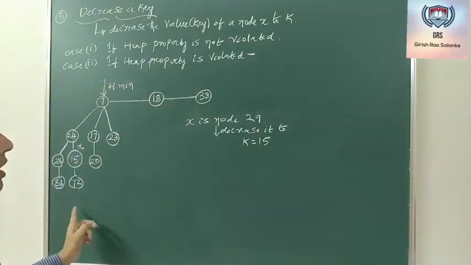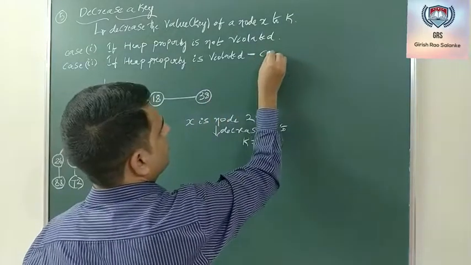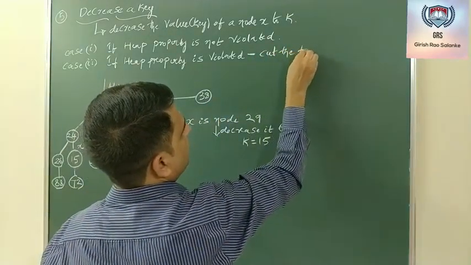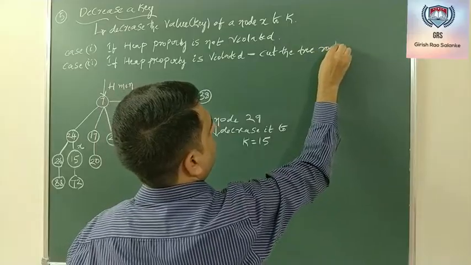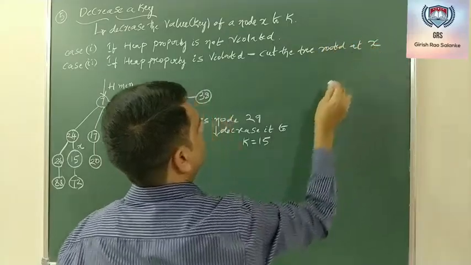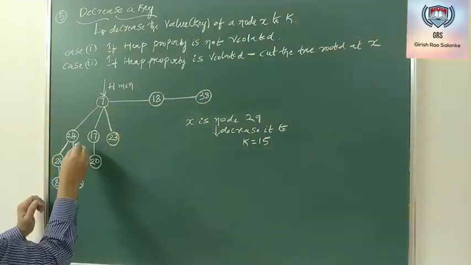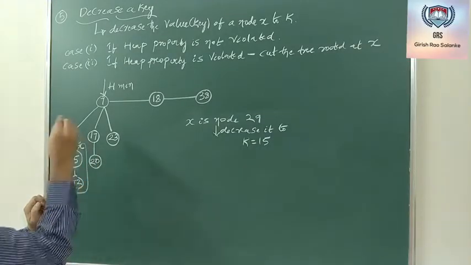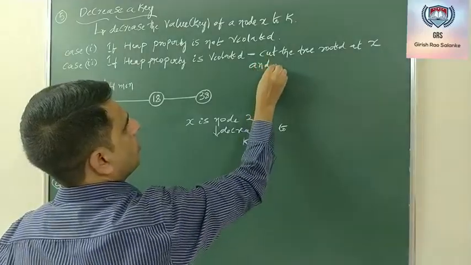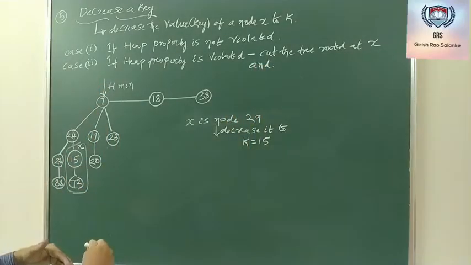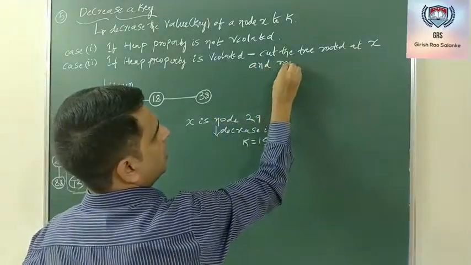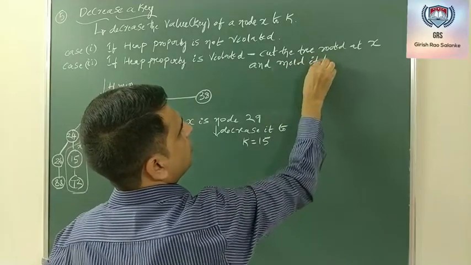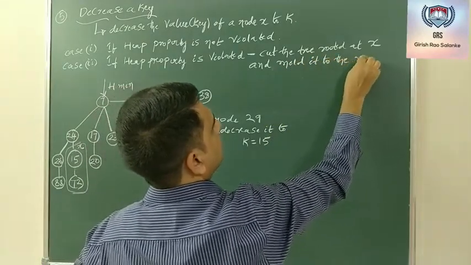In case the heap property is violated, what we are supposed to do is cut the tree rooted at X. That means I need to cut this particular tree and add it to the root list. Generally we call that operation melding, and meld it to the root list.